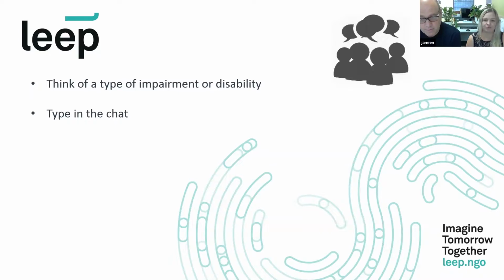Somebody's typed there physical, mental, intellectual, sort of categorised. I deliberately left that open. Learning disabilities, cerebral palsy, Down syndrome. Okay, good. So we're seeing a good range there, and we're getting the idea that it's not just physical, not always obvious, like mental illness. You wouldn't know someone particularly had a disability. So we're broadening out from our first thing, which is perfectly normal that would come to mind, which is wheelchair.